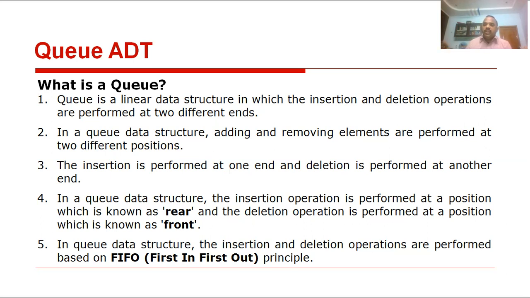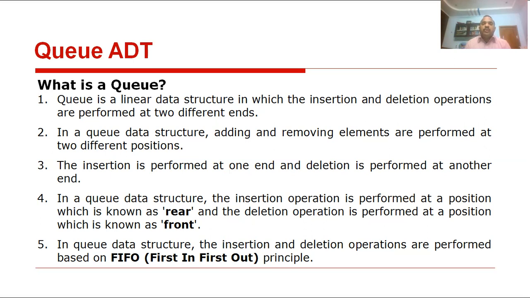Next to me you, then your friend. Then the rear end: anyone who comes next also stands behind your friend. Am I right or not? So insertion is done at the rear end, and deletion is done from the front end. In a queue data structure, the insertion operation is performed at the position known as rear, and the deletion operation is performed at the position known as front.